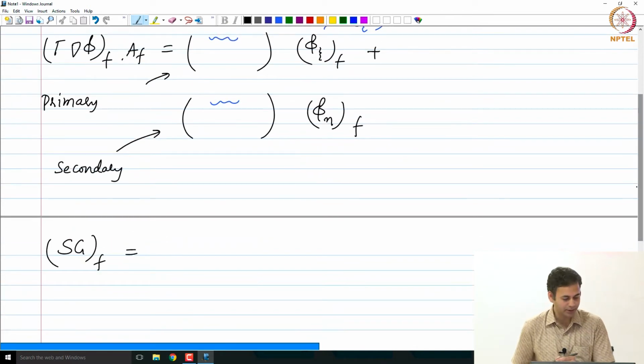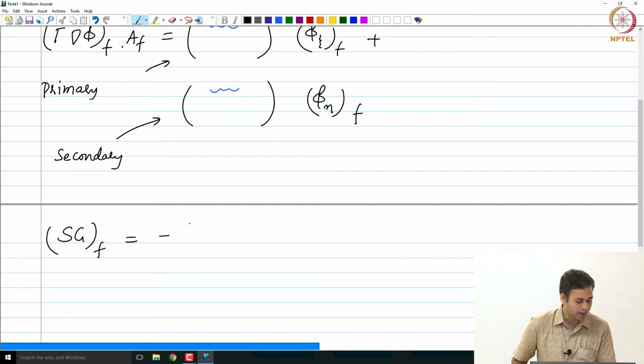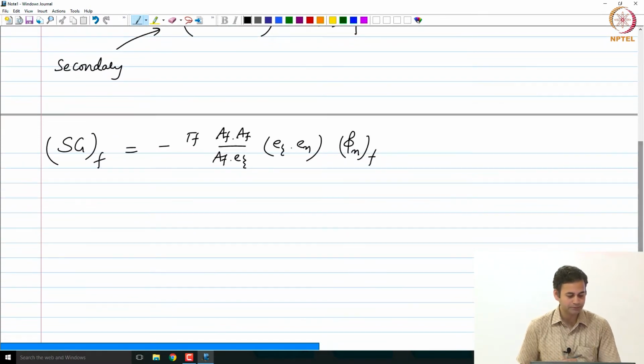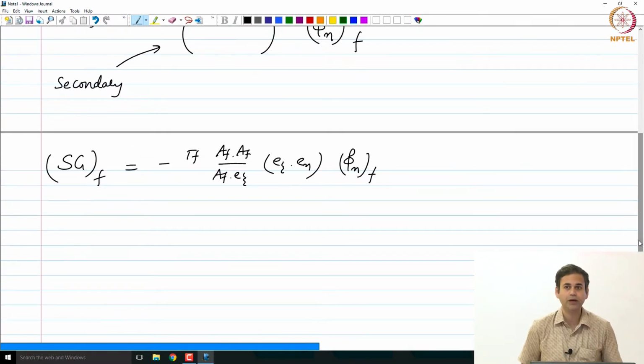This we said will come out to be minus gamma f A f dot A f by A f dot e xi, times e xi dot e eta, times phi eta f, right. This is the coefficient that we will have for the secondary gradient, and we said calculating this would be straightforward if you have any 2D mesh, whether structured or unstructured, or a 3-dimensional structured mesh.